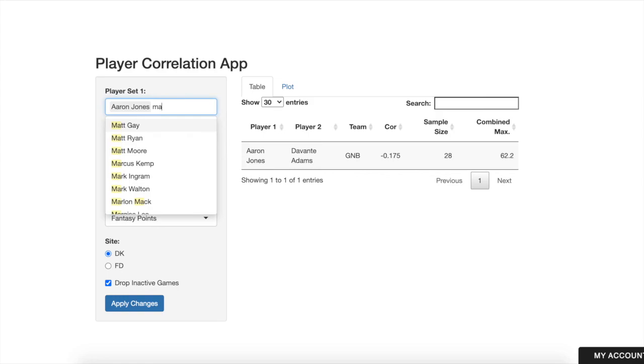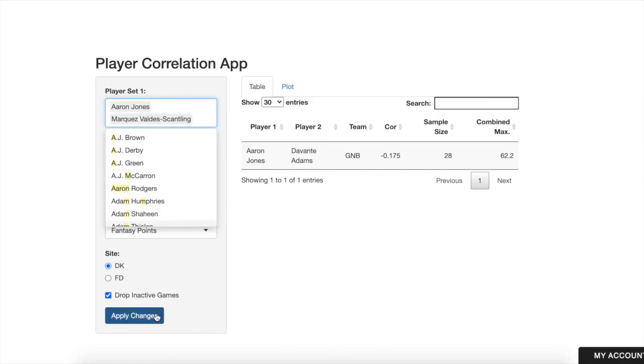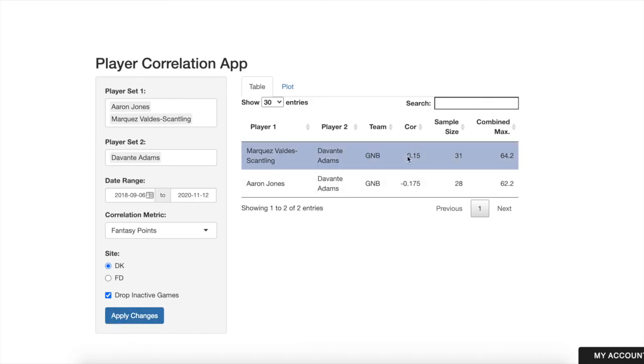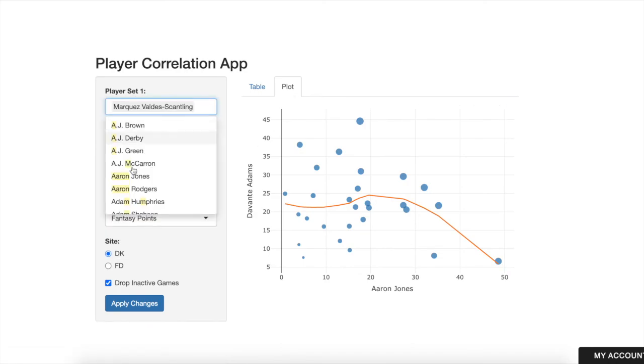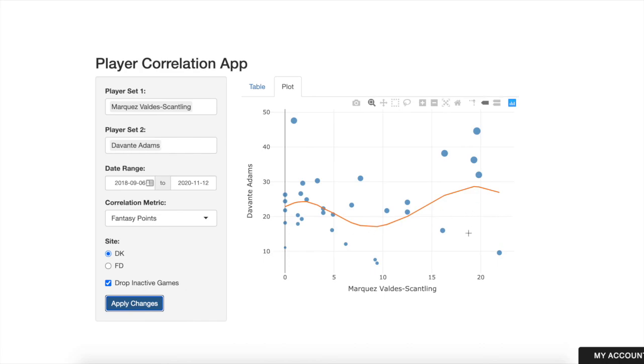I'm curious about Marquez Valdez-Scantling. You would think, well, two receivers compete with one another for targets, so MVS and Adams would have negative correlation, but it looks like we're actually seeing somewhat positive correlation between the two. So we might be a little dubious of trying to use Marquez Valdez-Scantling as a leverage piece against Adams, because historically in games in which MVS has really excelled, those have also been pretty good games for Adams, such that we might be less interested in using MVS as a leverage piece.